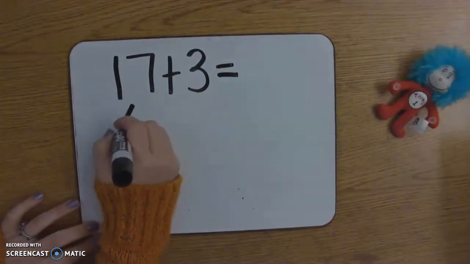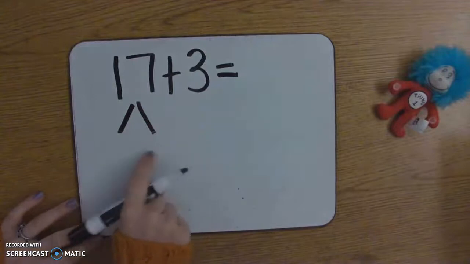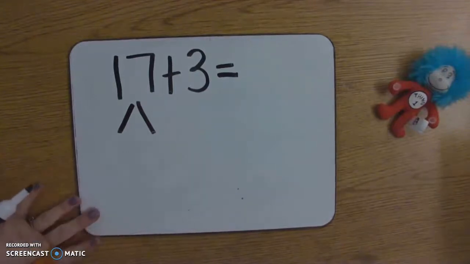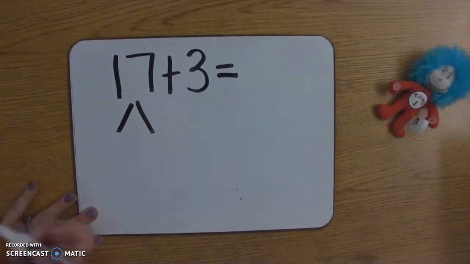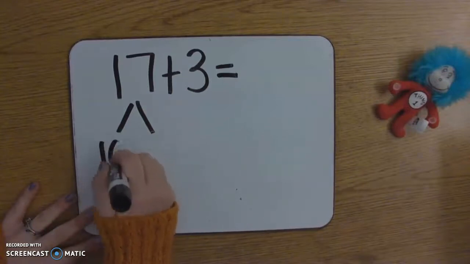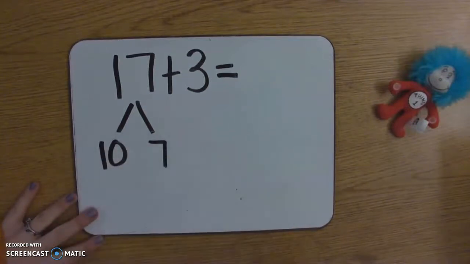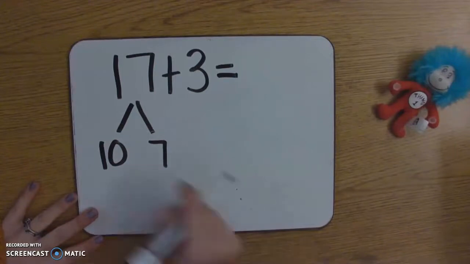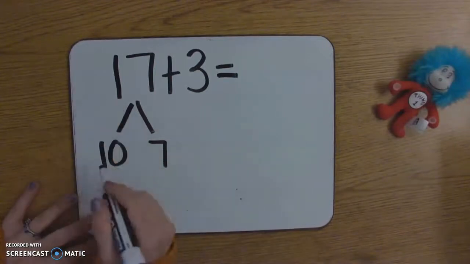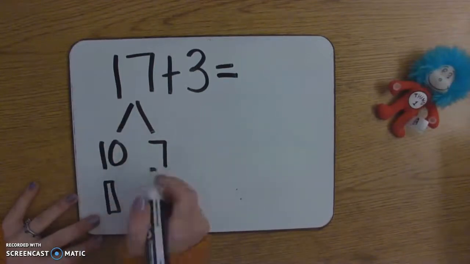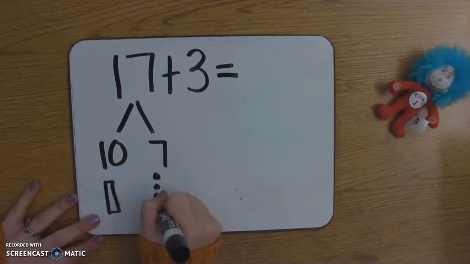Okay, did you already know what to do? Go ahead, fill in your number bond. Pause the video and fill it in, and then check back with me. How'd you do? Did you write 10 and 7? Awesome job, because this 1 tells us one group of 10, and our 7 tells us 7 ones.